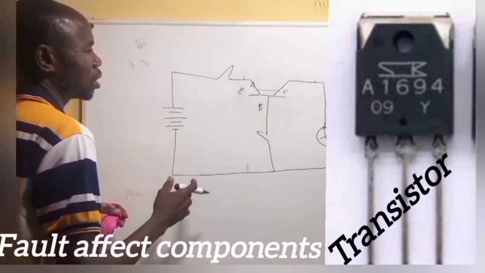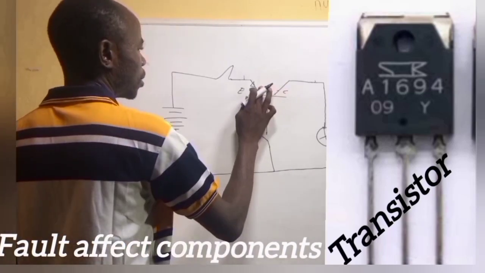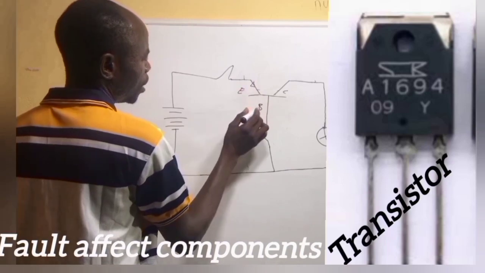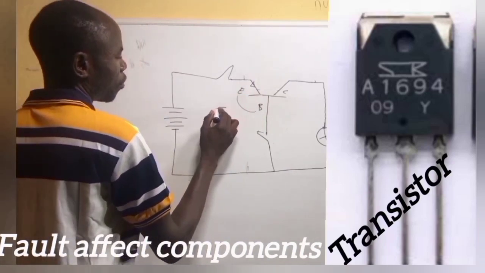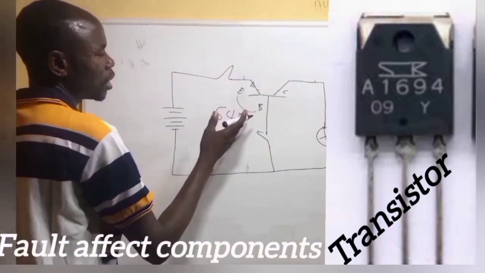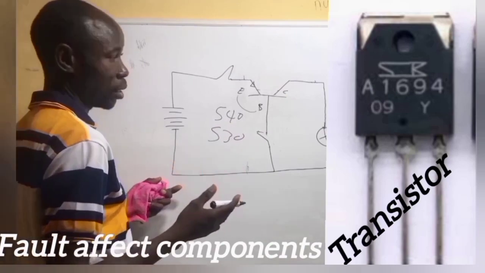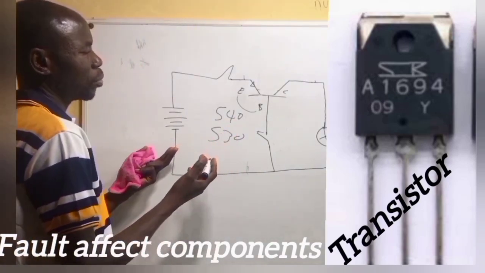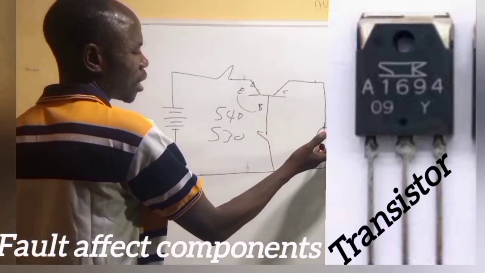And also the transistor can have an increase or decrease in resistance. Maybe the actual resistance from base to emitter here is 540. When it decreases in resistance, it becomes 530. So the resistance will differ from the original design resistance, and it will affect the output.